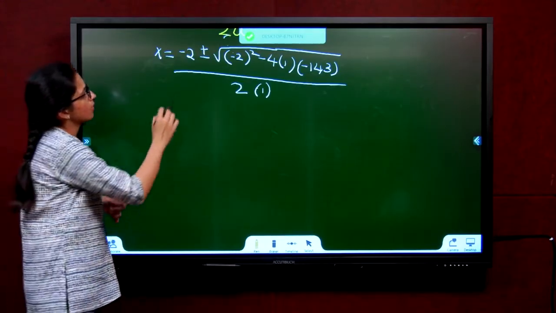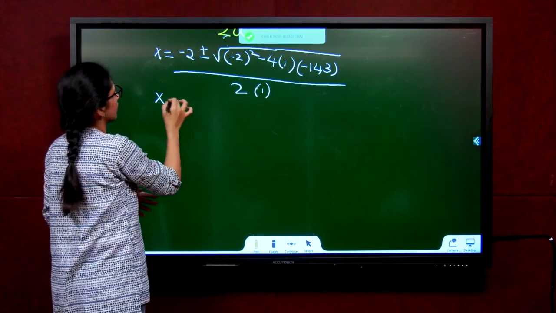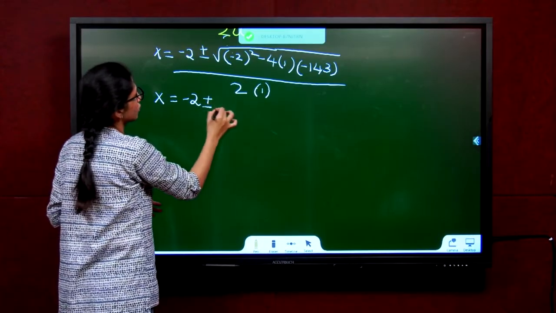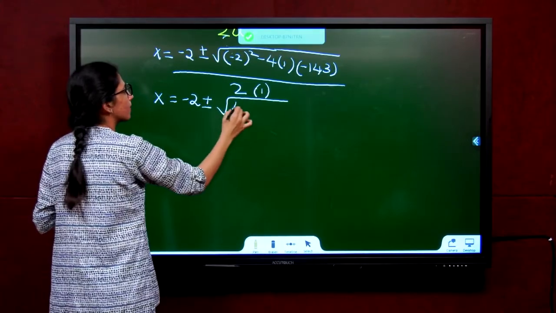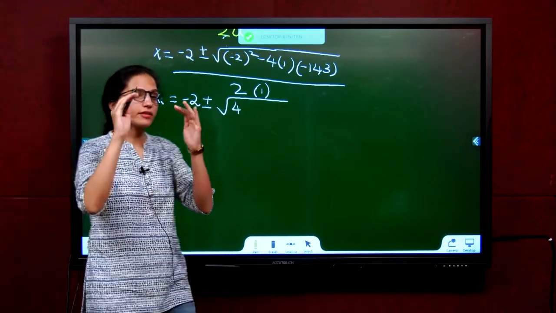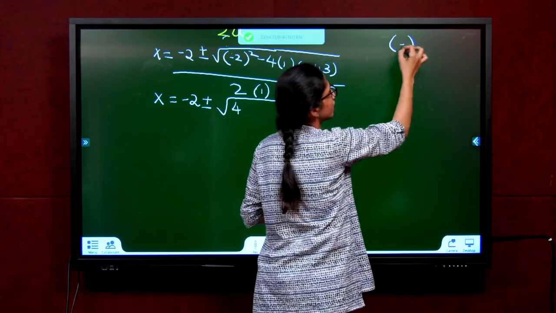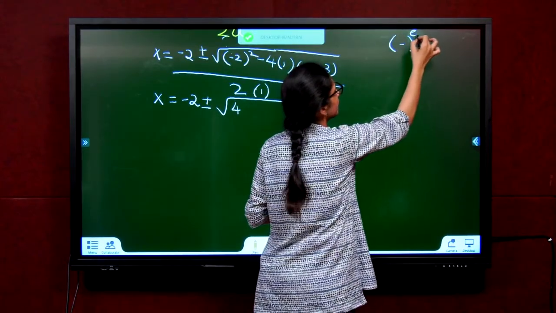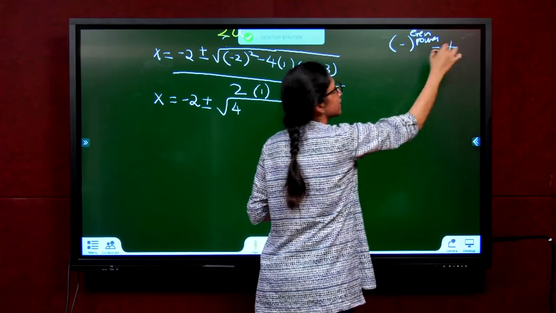Now, we already have this. We have to simplify the root first. So, x is minus 2 plus or minus root of minus 2 the whole square plus 4. If there is a negative sign inside a bracket, always remember, if you have a negative sign and an even power, it becomes plus.